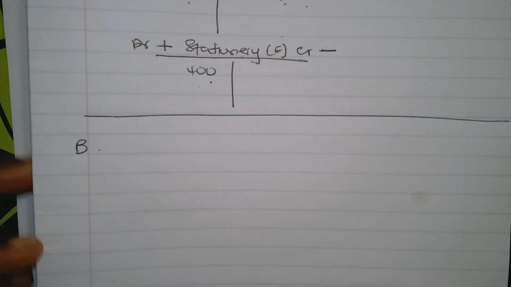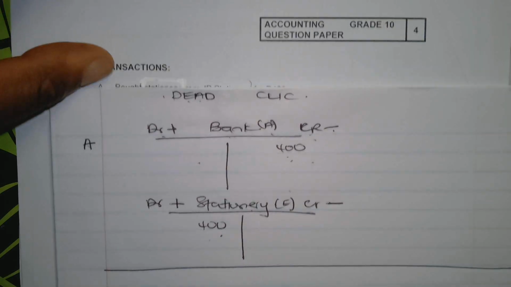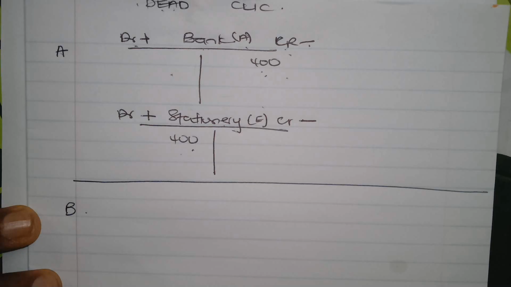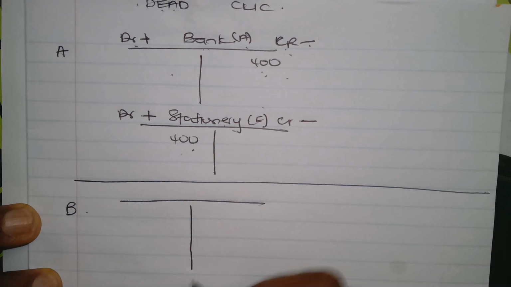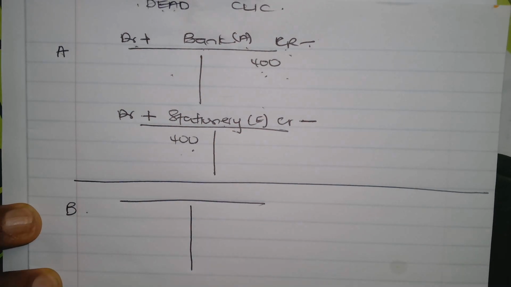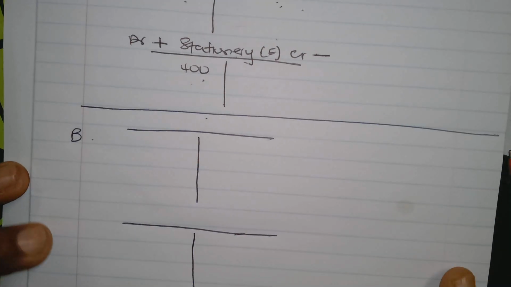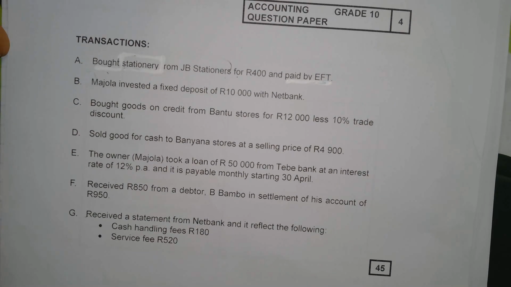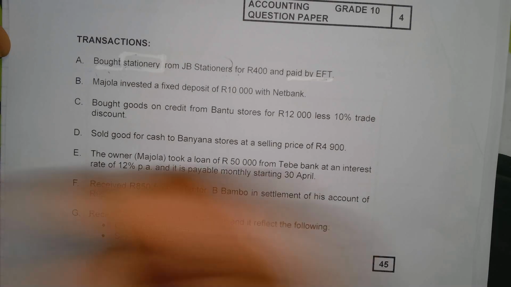Okay, so I'm just going to slightly show this transaction up here. I need to have two accounts that would be affected. My first account, what would it be? What would it be when they're speaking of Majola invested in a fixed deposit? Okay.